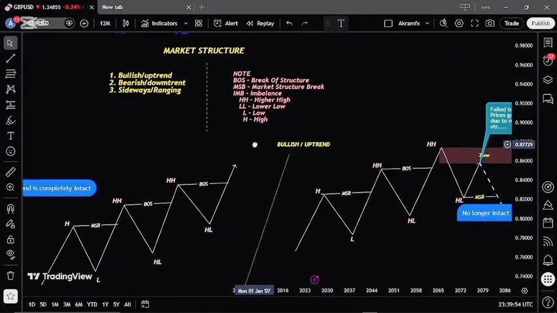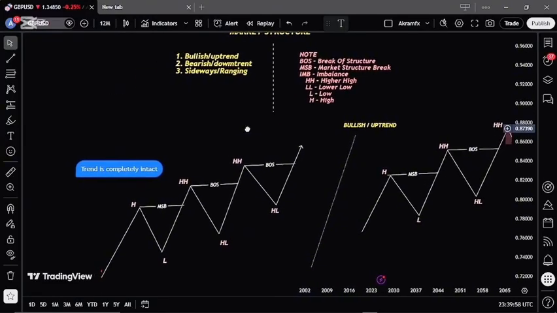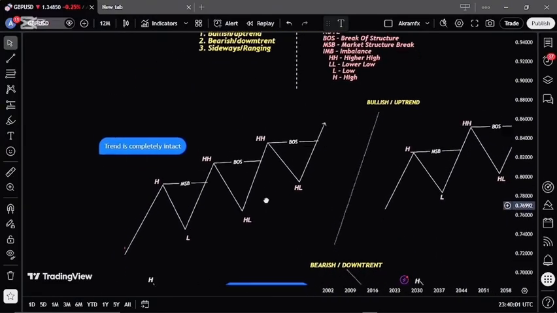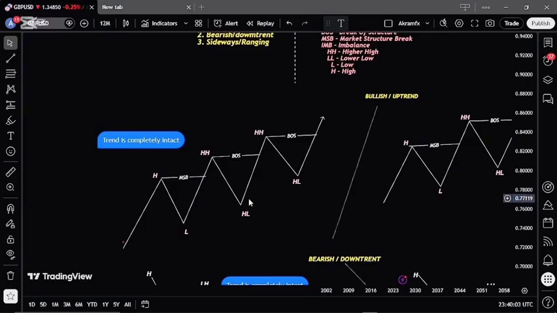So starting with the uptrend or the bullish market, we have this, and this is a bullish market. A bullish market is when price generally moves upwards, like prices are generally moving higher and higher.